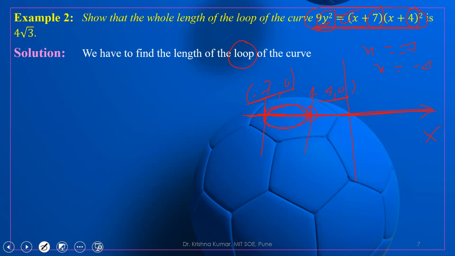Again, what is the reason? y square is equal to (x plus 7)(x plus 4) whole square divided by 9.